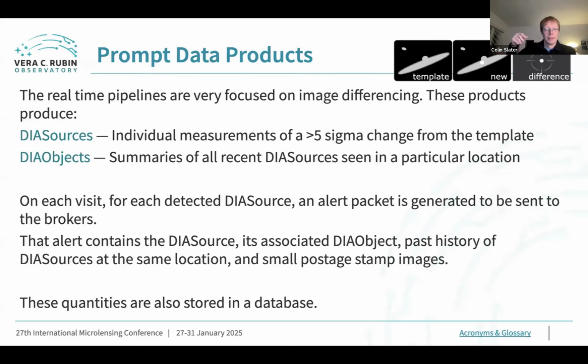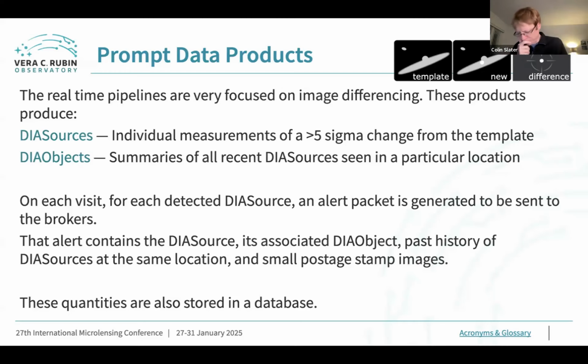In addition to that measurement, we also want to collect any previous information we have from that spot on the sky that has shown some sort of change. And so we collect that information in what we call a DIA object. DIA here stands for difference image analysis. That's basically an aggregate of all the DIA sources that we might have observed at any given point in the sky. So if something is rising or falling, that set of DIA sources over time will be aggregated into a DIA object.